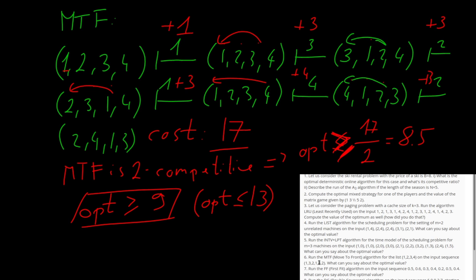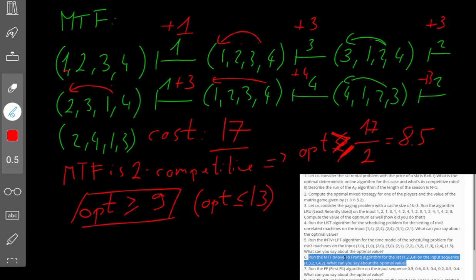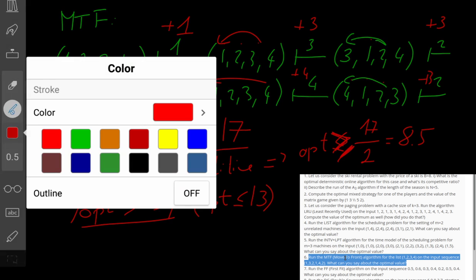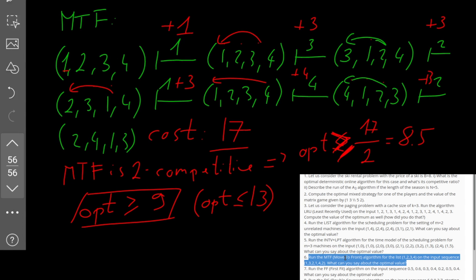And probably you can do better, but it's enough just to do this for your MTF algorithm. You will definitely get one such exercise as well, because the list access problem is also covered by the practice part of this course.